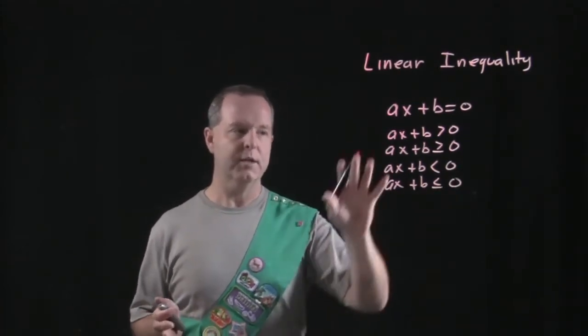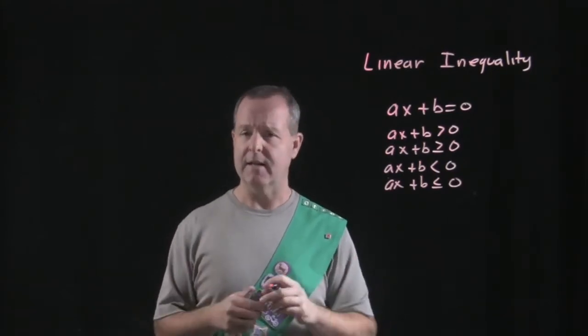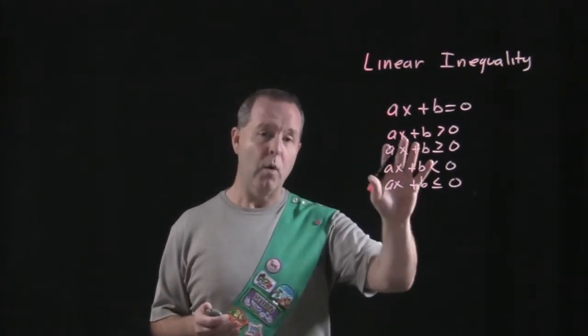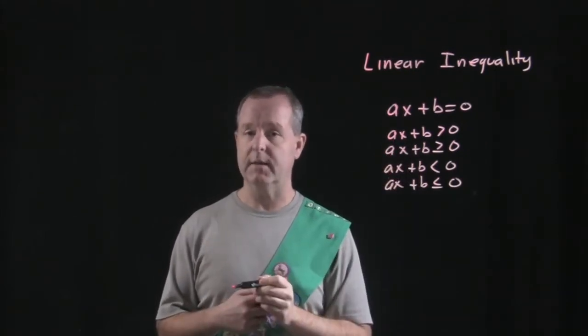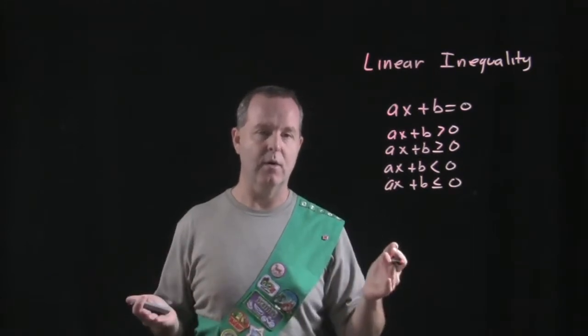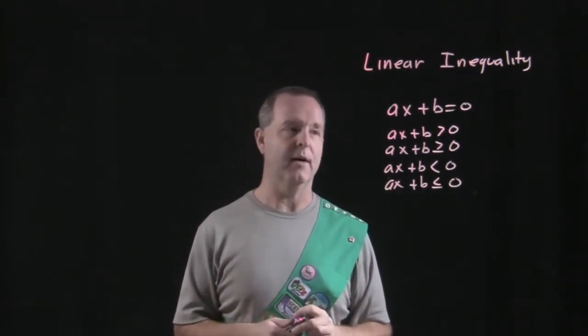Those are the four types of inequalities that you'll see. And I hope that you see that they're fairly similar. One caveat, we want to ensure that our a value is not equal to 0, because if that's the case, then the inequalities don't really work out that well because they're not based on our independent variable.